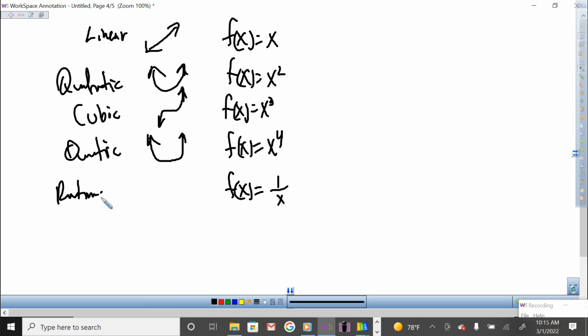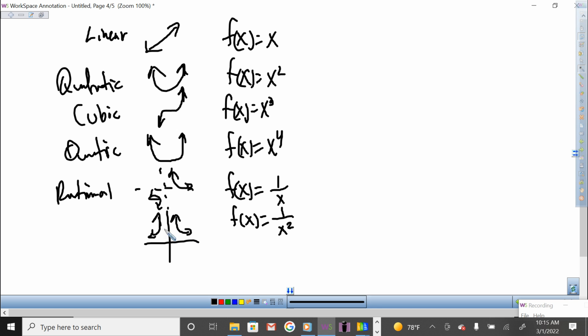And it looks like this, with asymptotes. But then we got to the other rational, which is f of x equals 1 over x squared. And that was a J and L with asymptotes like this. Okay. So let's see, linear, quadratic, cubic, quartic, rational. What are we missing? Daniel, which one are we missing?